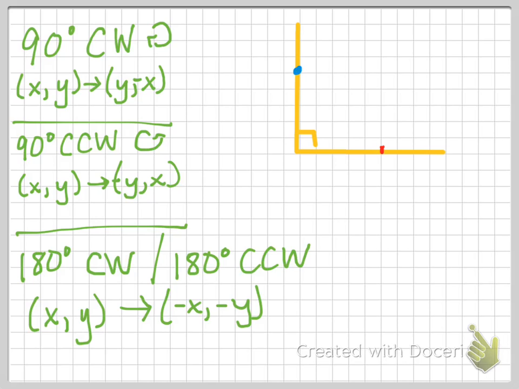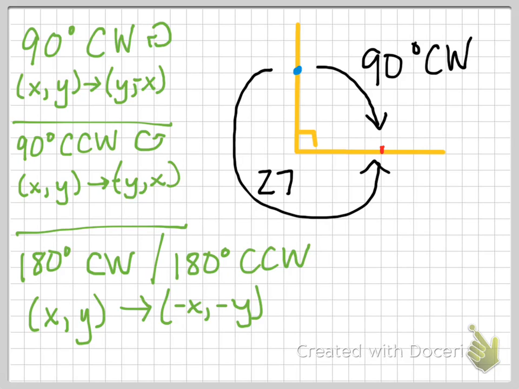So you notice this point right here, I just rotated it 90 degrees clockwise. Well, what if it were to have gone counterclockwise and ended up in that same point? That would have been 270 degrees. So you can see that 90 degrees clockwise is going to give you the same position as rotating it 270 degrees counterclockwise.